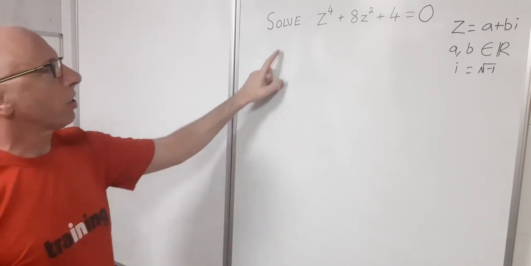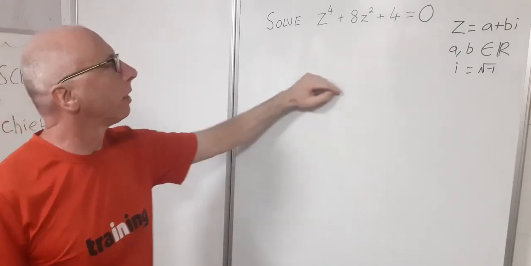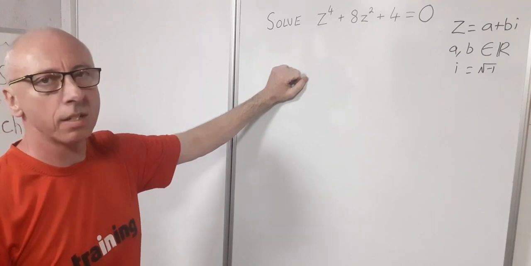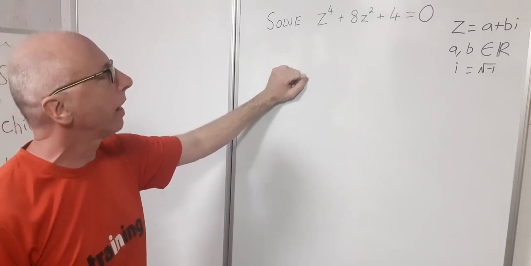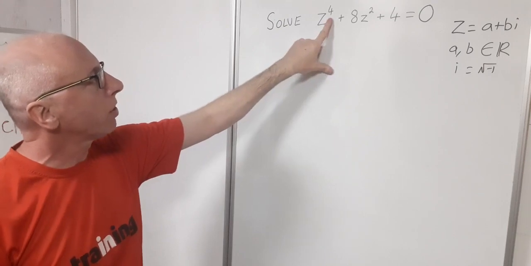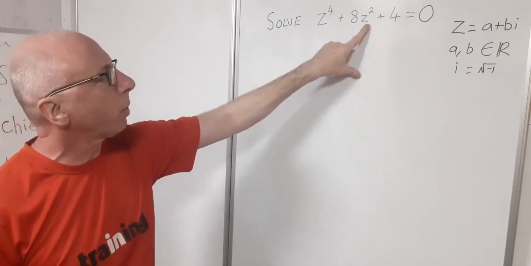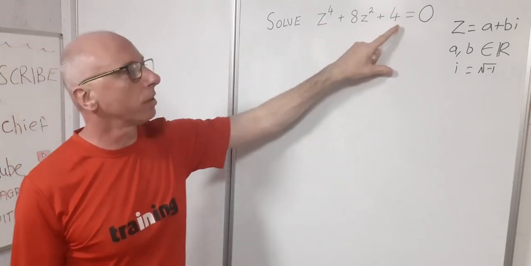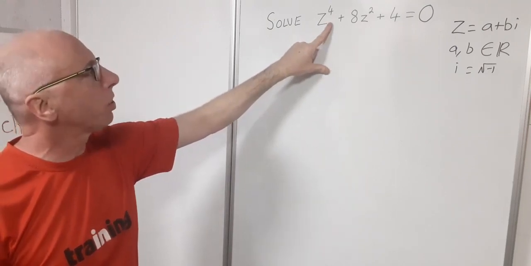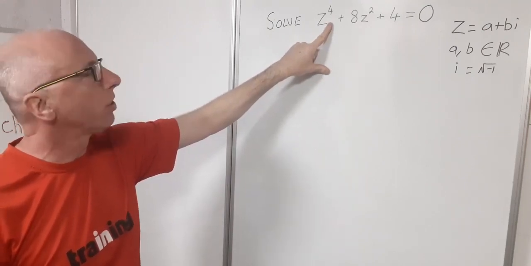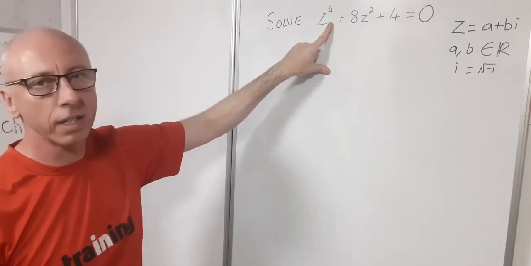Okay, so where are we going to start to try and solve this quartic? Well, factoring this is not going to be very straightforward. But what I do see here is we've got z to the 4, z squared, and then a constant. So I'm going to do a substitution and turn it into a quadratic.